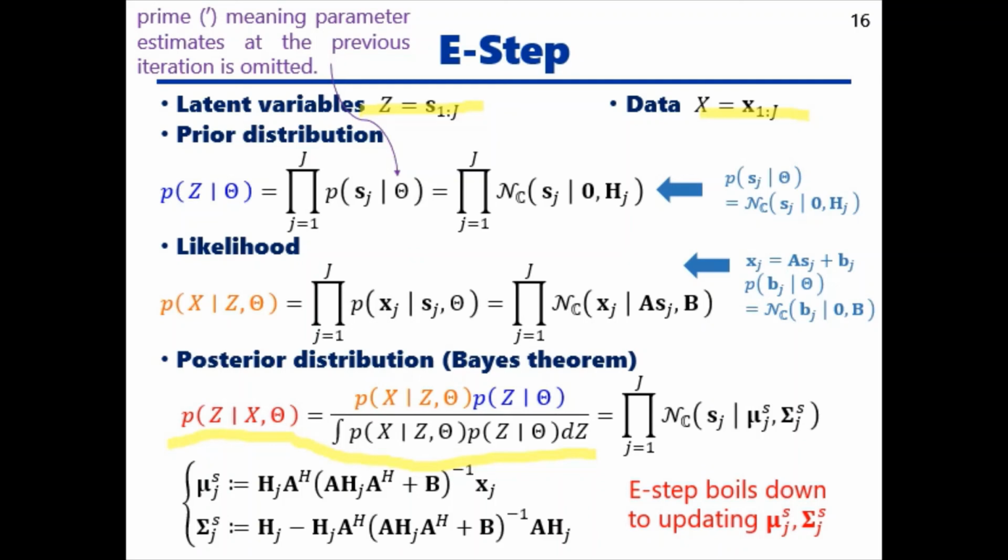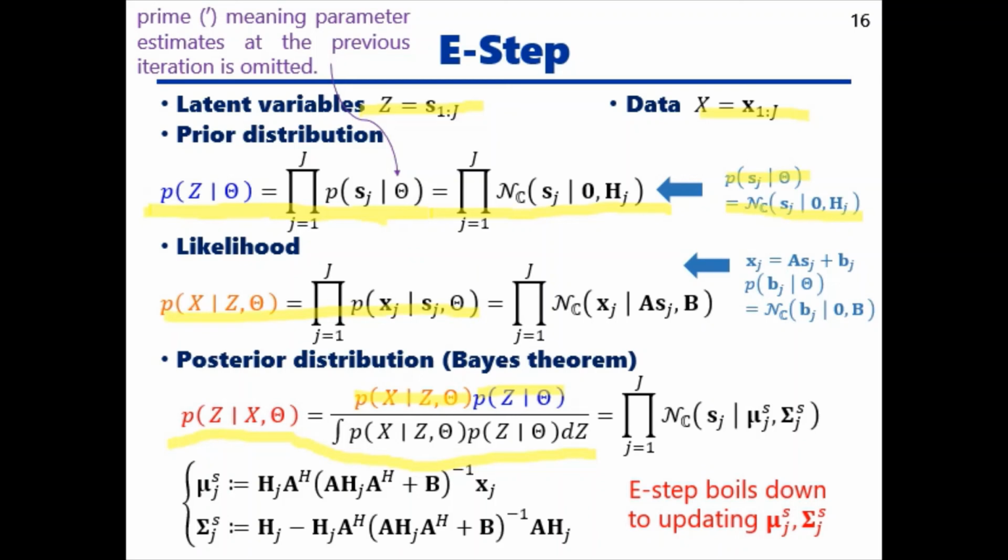To compute the posterior distribution, we need the prior distribution and the likelihood. The prior distribution decomposes as shown here on the assumption of sample independence. By using this model, the prior distribution can be rewritten like this. As for the likelihood, it also decomposes like this.